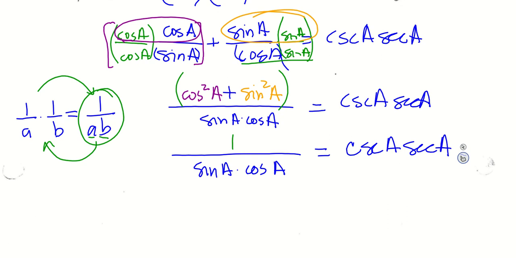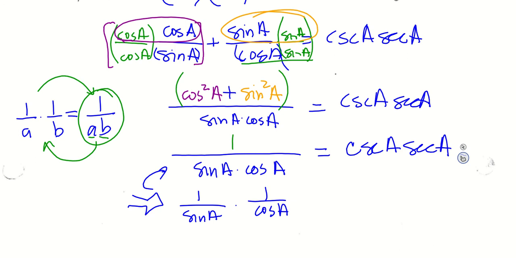Applying that idea here, I can take 1 over sine of A times cosine of A and split that into 1 over the sine of A times 1 over the cosine of A. Okay. If I multiply these two fractions together, won't I get the sine of A times cosine of A?